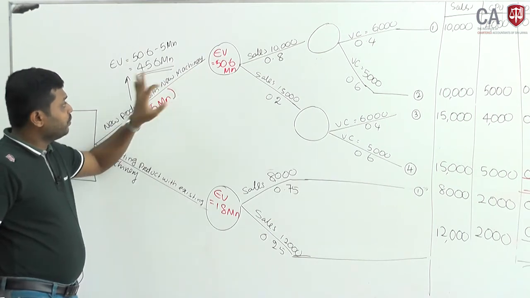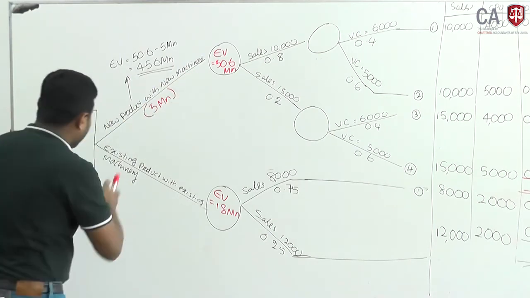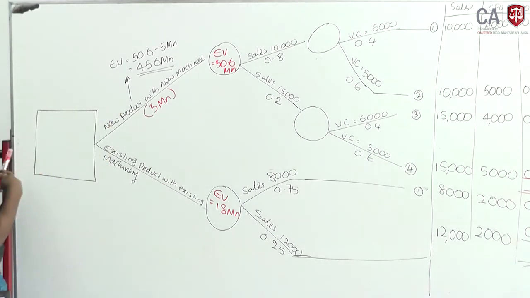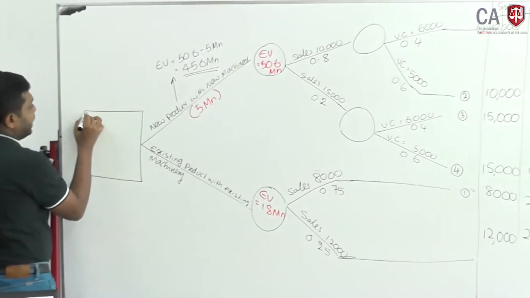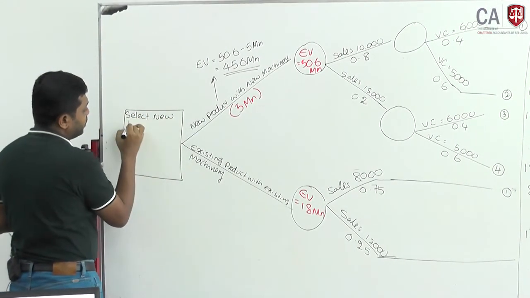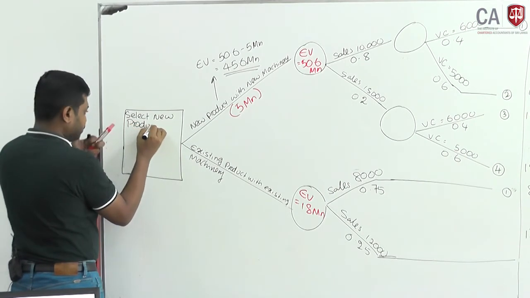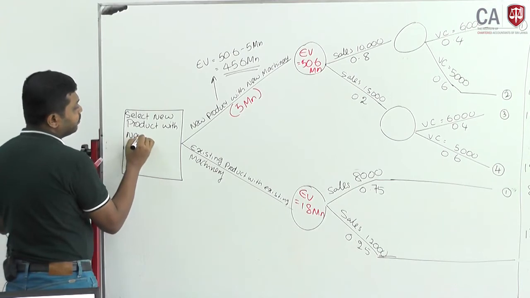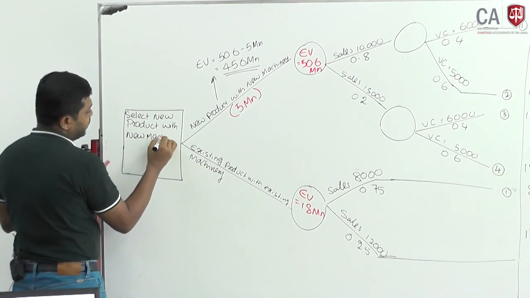We can get 45.6 million. Therefore, based on the alternative evaluation, I will recommend, decide, select new product with new machinery.